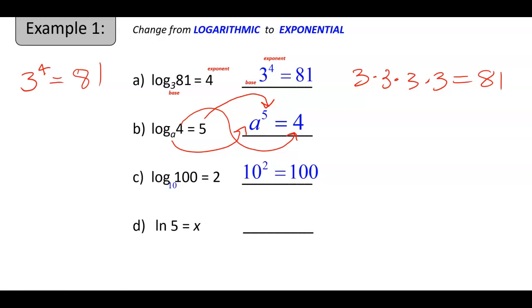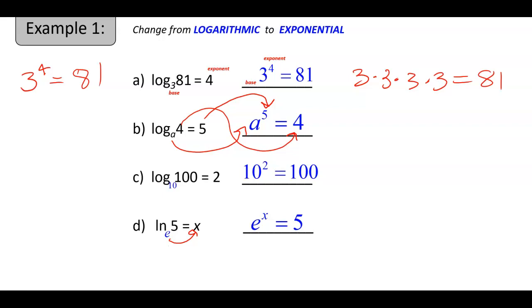What's the implied base here? Not 10. E. Remember, ln, the little base that's not written, is e. So e to the power of what? E to the power of x equals 5. Easy. Not really. But do you get the kind of trick to it? It's kind of tricky, but once you get it, it's cool.